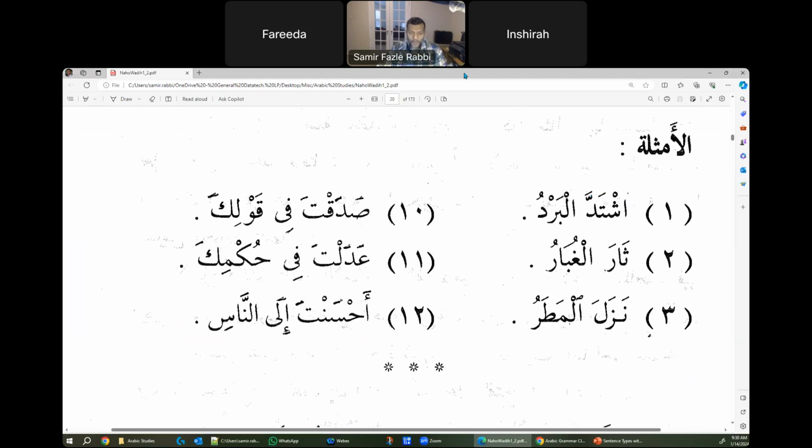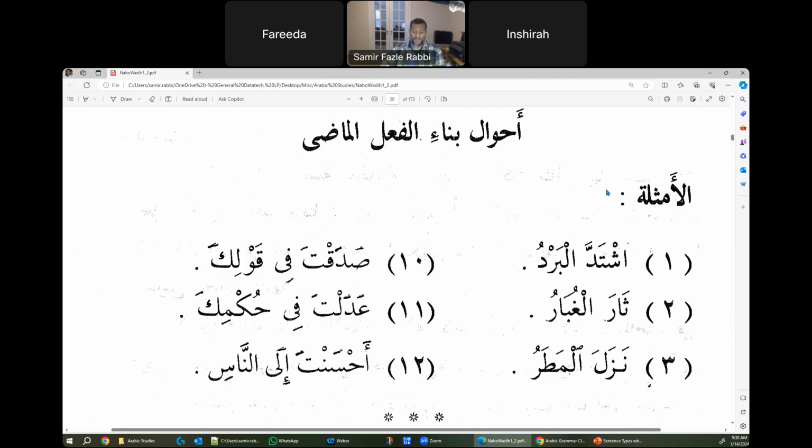I think the main focus here is, what type of word is the fi'l madi between two options? There's a question for you guys. It's either mabniun or معرب, one that morphs, where the ending will change.